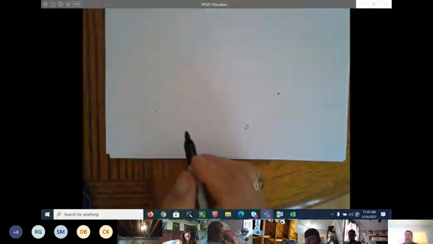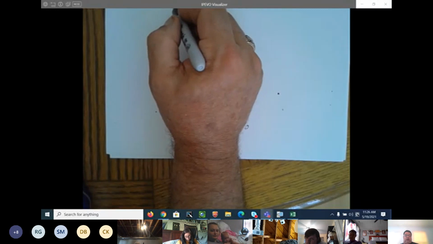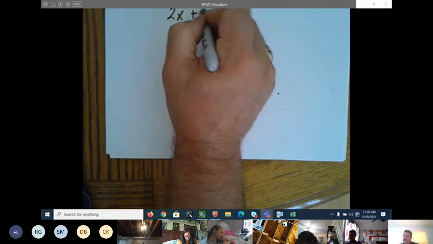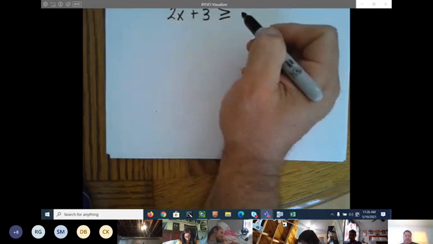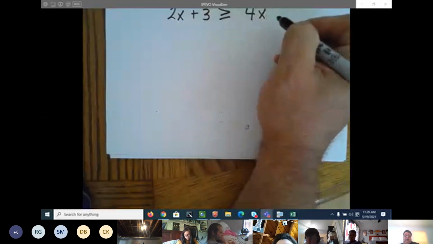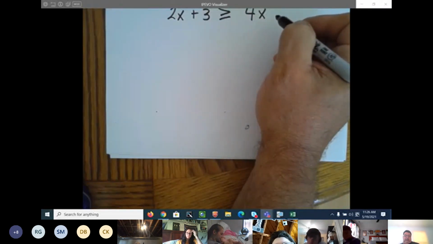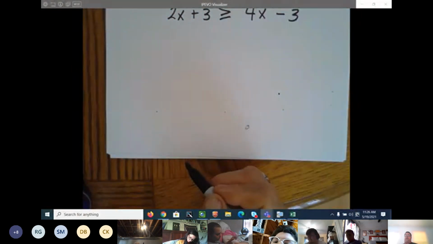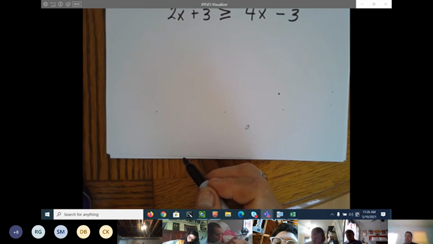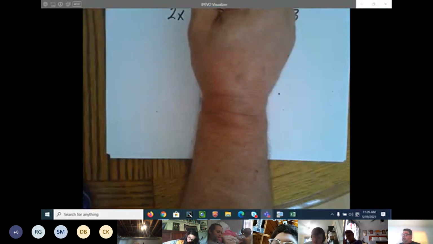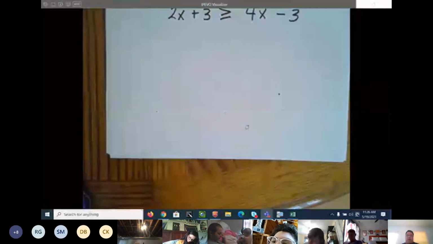I'm going to change the numbers because I want you to get a whole number, preferably. 2x plus 3 greater than or equal to 4x minus 3. I hope that'll work. Try that. The only difference in this problem and the previous problem is this has the word integer, which means whole numbers.